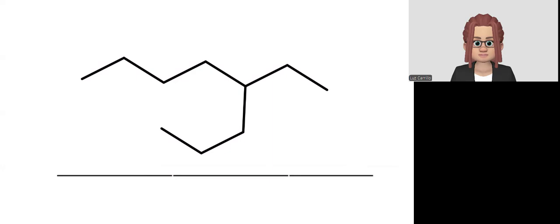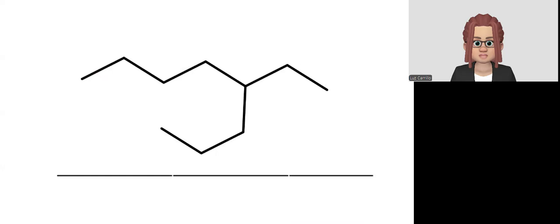At first, you may identify that you have 1, 2, 3, 4, 5, 6, 7 carbon atoms. But that is not the longest continuous chain of carbon atoms in this molecule. Because you can also do 1, 2, 3, 4, 5, 6, 7, 8. That is the longest carbon chain in this molecule.